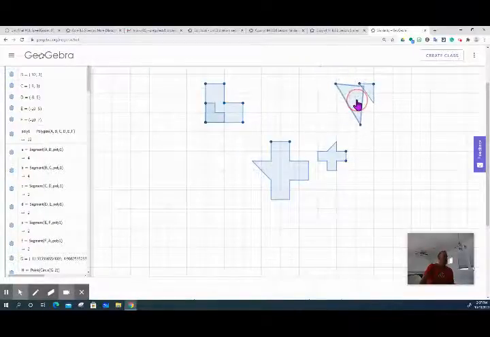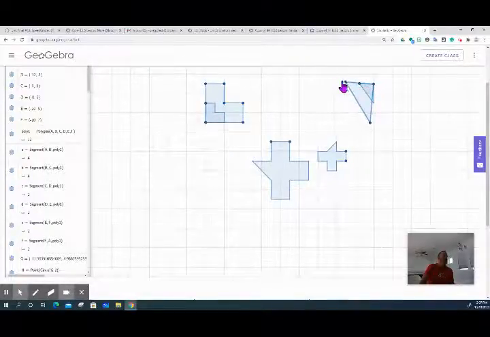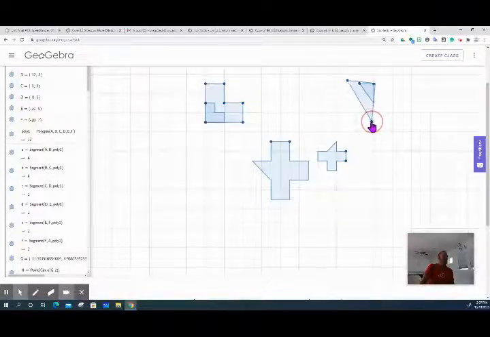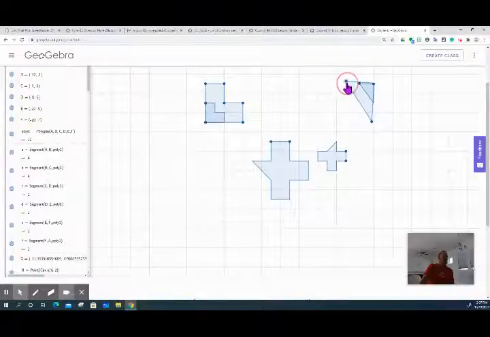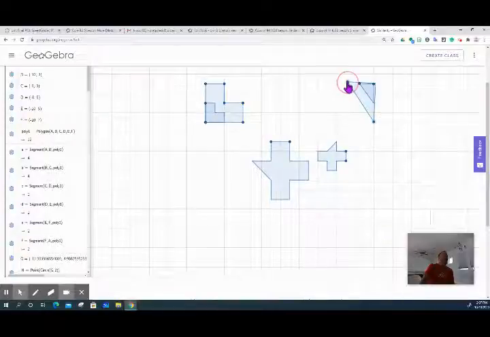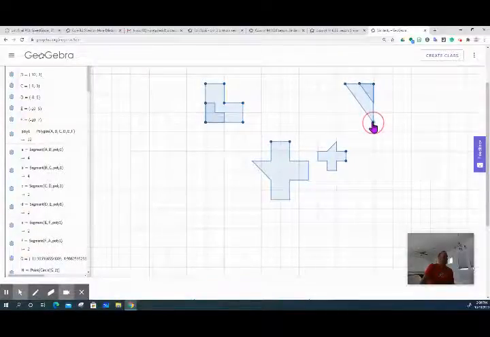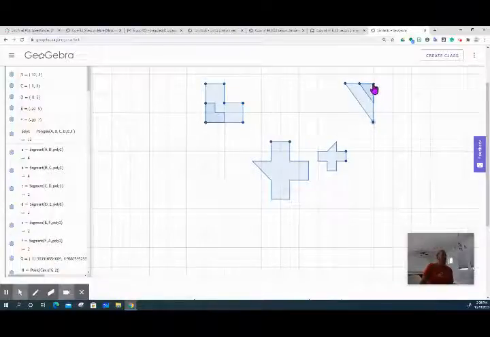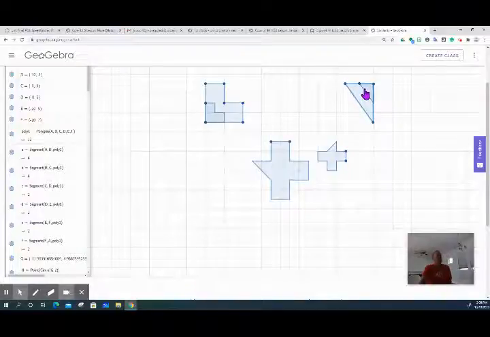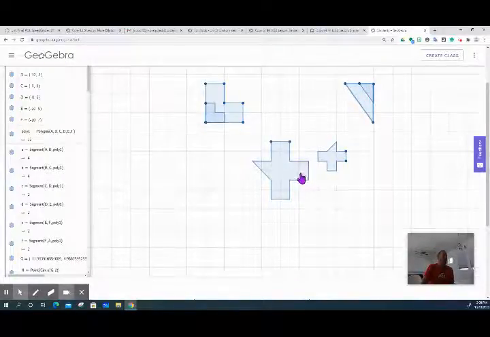Once I get it there and rotated, I can see this line is 1/2, this line is 3. So in other words, this triangle image is 3 times the size of this image, and I had to rotate it to put it on top.